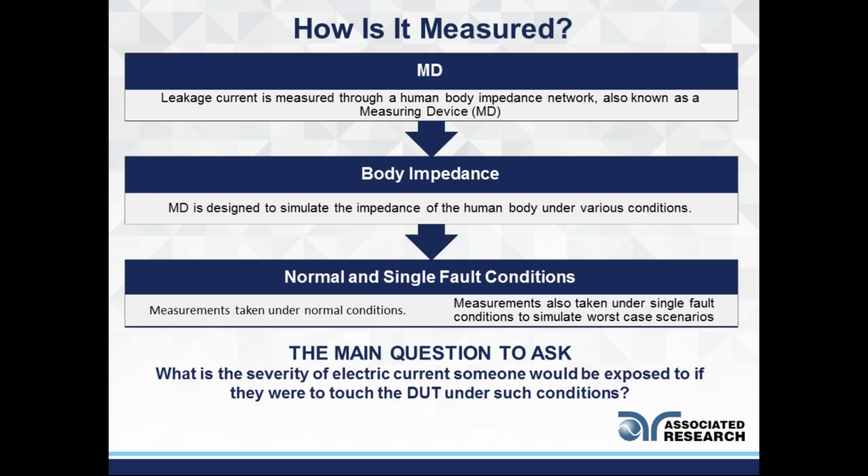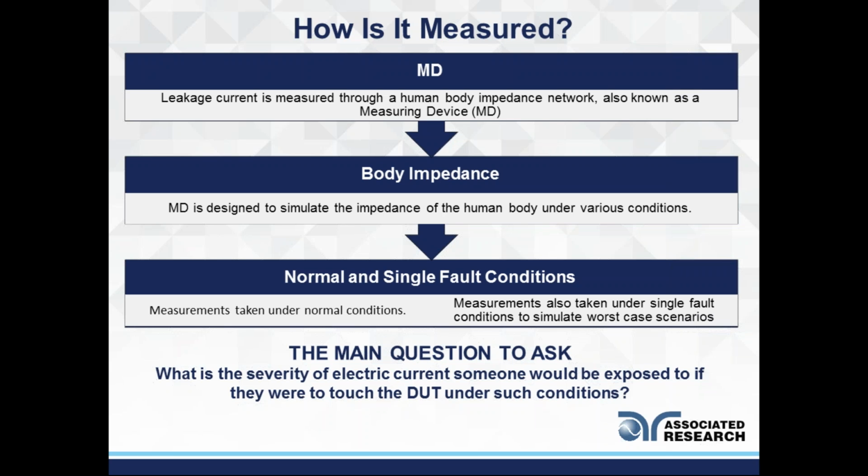So how is it measured? We have an MD, or a measuring device. Leakage current is measured through a human body impedance network, also known as a measuring device. So these measuring devices are specifically designed to simulate a human body's impedance, okay, through various conditions.